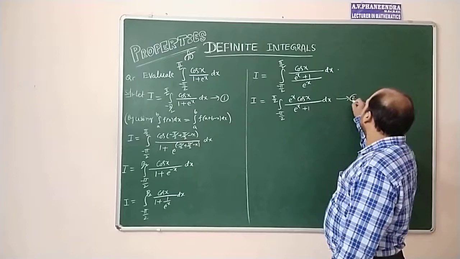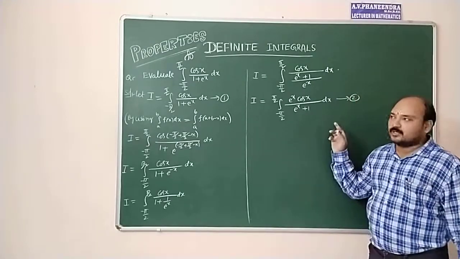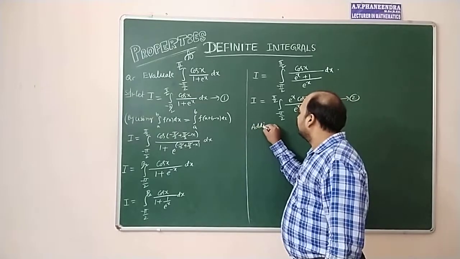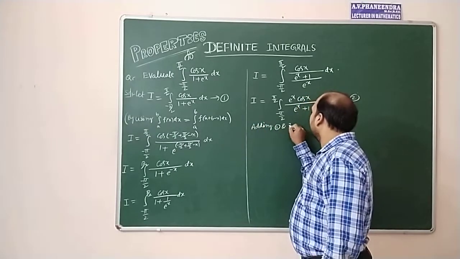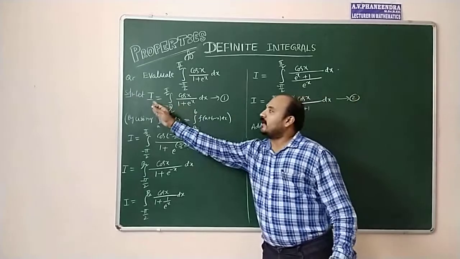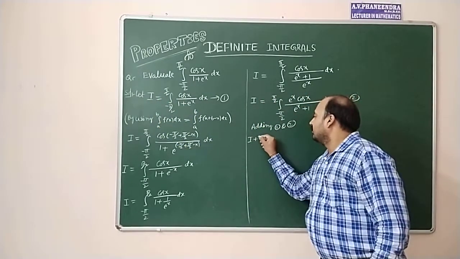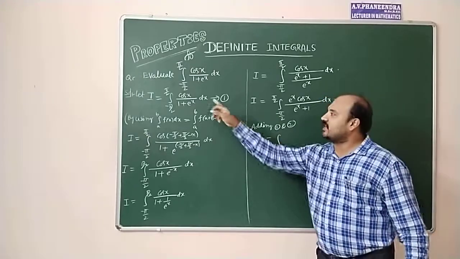Equation number 2. After getting this step, adding 1 and 2, on the right side we are adding I plus I, which is equal to integral. First I value is what?